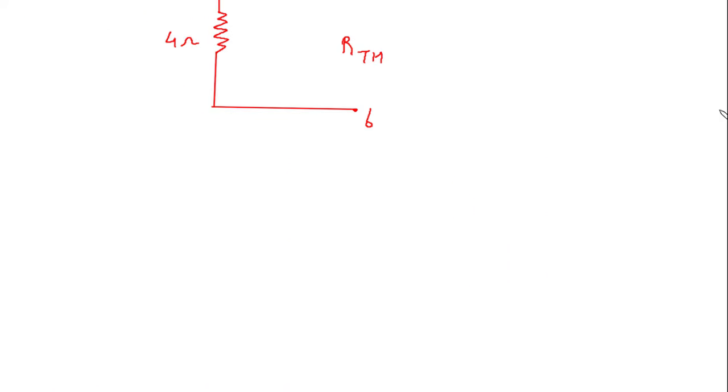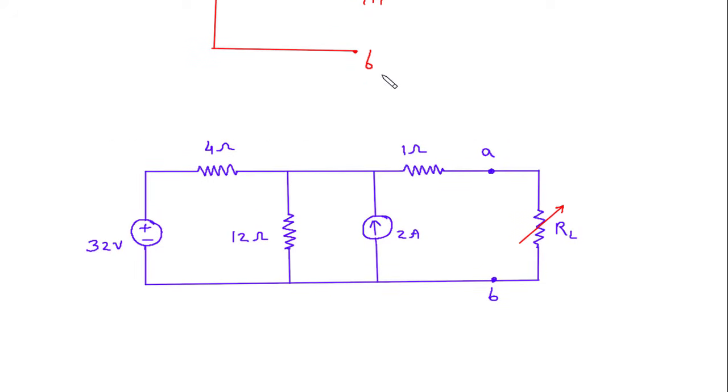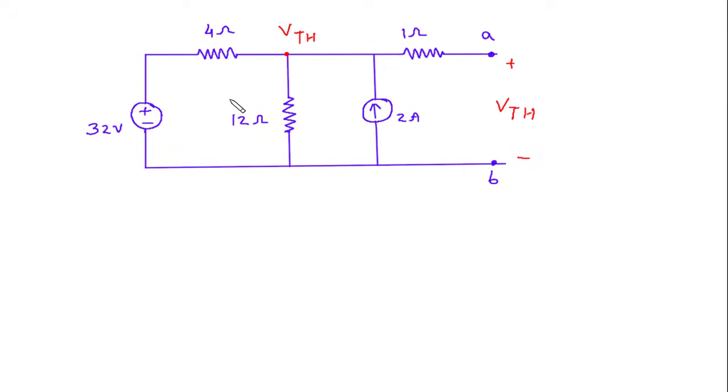So VTH will be here, this will be VTH. This will be positive, this will be negative. To find VTH, let's say this is loop number 1 with current I1, this is loop number 2 with current I2, or directly we will apply nodal analysis.